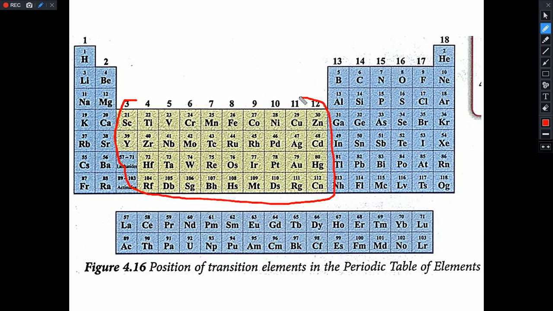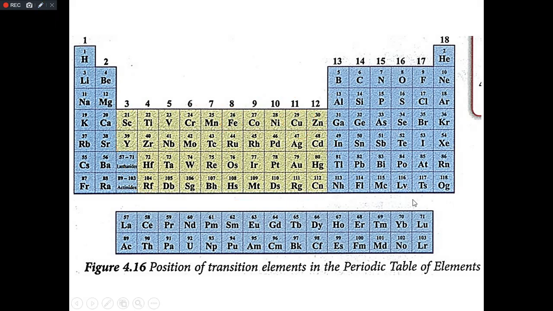These are the examples of the transition elements, and this is Cu. And where is Fe? Yes, this is Fe. So Cu and Fe are examples of transition elements which are located in Group 3 until Group 12.